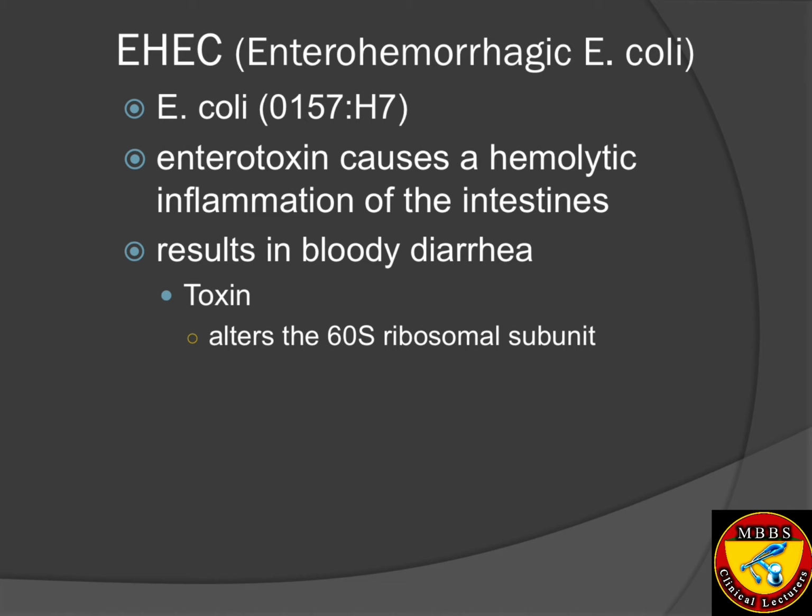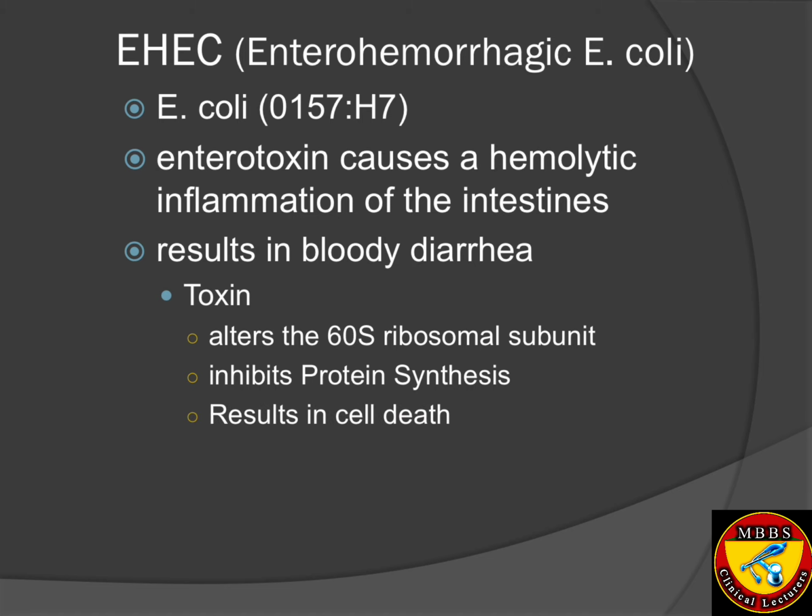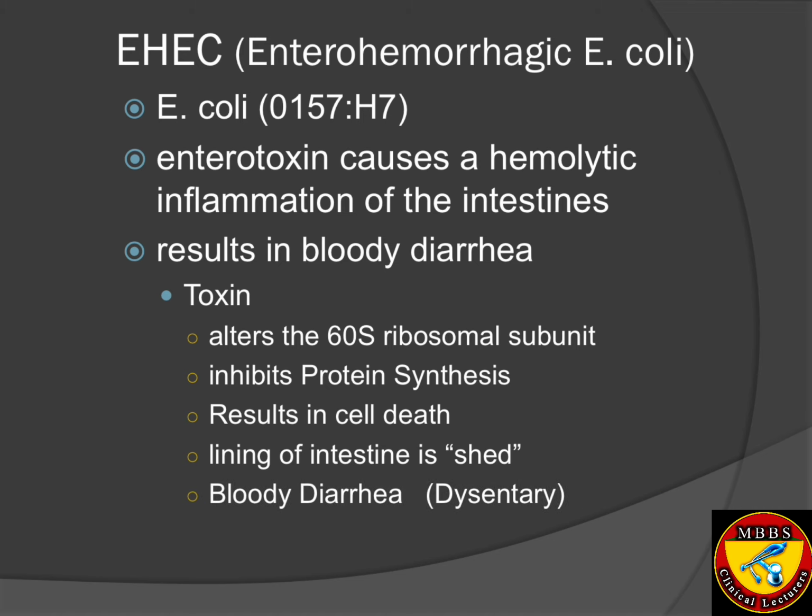This is a toxin-mediated disease, which acts by altering the 60S ribosomal subunit. It inhibits protein synthesis, resulting in cell death. Again, in this one as well, the lining of the intestine is shed along with some blood cells, so it leads to bloody diarrhea.